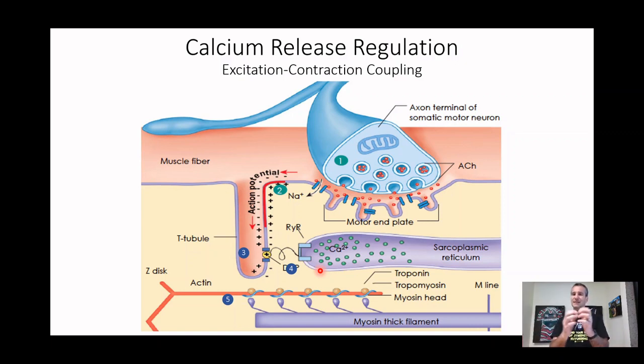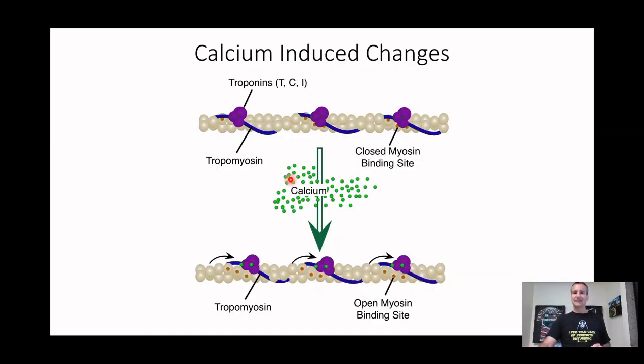When the nerve releases its signal to the muscle fiber, you have sodium, just like salt, come into the muscle fiber, which turns the muscle fiber from negative to positive. And when that signal gets down into the muscle, it causes our muscle fiber to release calcium. And then the calcium binds to troponin C. And when it binds to troponin C, the whole molecule changes its shape.